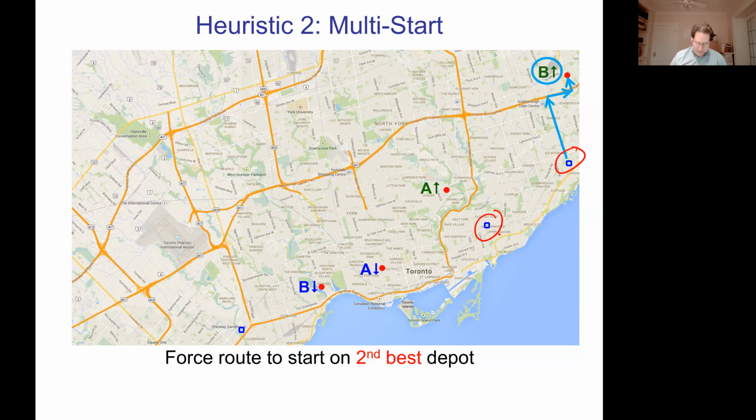I go to my pickup, then I go to whatever the closest legal thing I can do is, which is pick up A, and then I'm going to drop off A, and then drop off B, and then go to a depot. There's a lot less backtracking here, so you can see this is a better solution. Okay, we started off with a longer travel time to do the first thing, get the first pickup, but wound up with a better end solution.